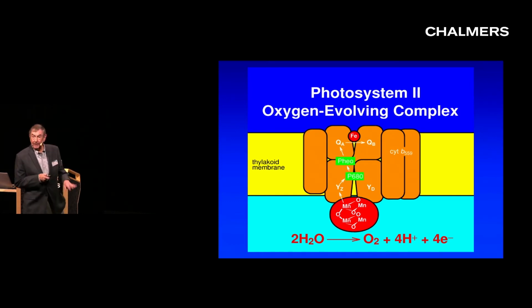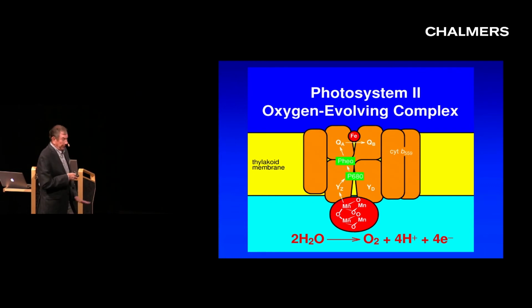But the point is, in order to pump it out to store solar energy, you have to have hopping through tyrosines and tryptophans and things like that. So short hops, short tunneling, multi-step tunneling, which we call hopping, in one direction only.